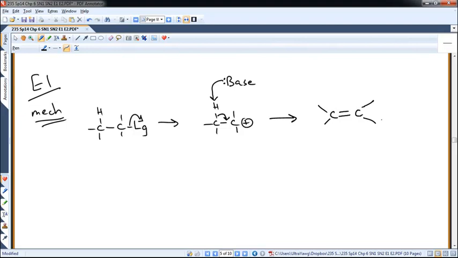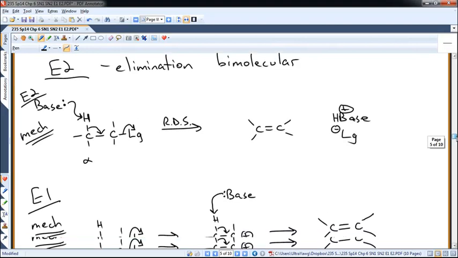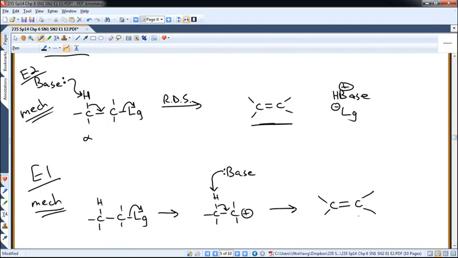And what do you get? The exact same product. This is important to note, right? What do we get here? Alkene, specifically ethene, just one carbon-carbon double bond. Same thing here. Whereas in SN1, SN2 chemistry, you can look at the nature of the product. Is it 100% inversion of stereoisomer?